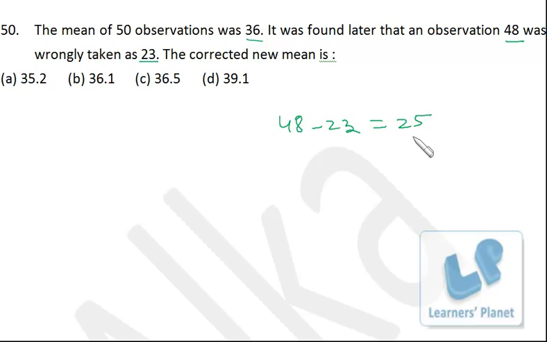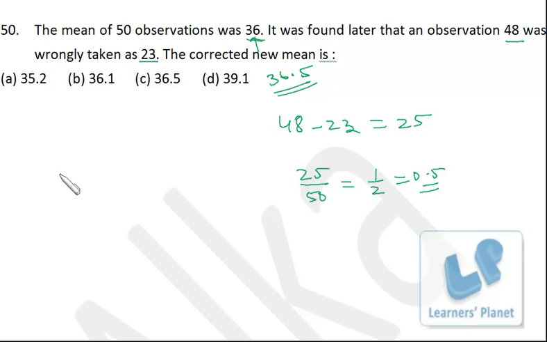But we want to find out the average deviation. Since there are 50 observations, we divide this total deviation by 50, the total number of observations. So the average deviation is 1 by 2, or 0.5, right? Initially the mean was 36, and the deviation is positive, that is 0.5. So the new mean will be 36 plus 0.5, 36.5, right?